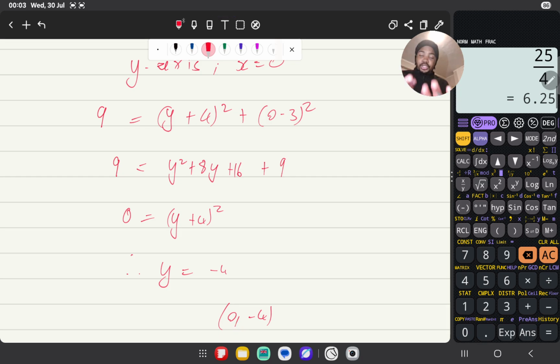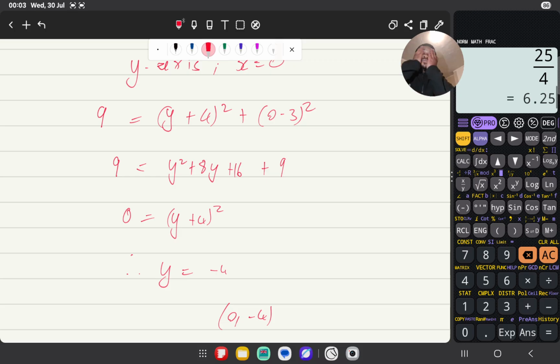If you did this workout and there was no solution for y, then you would say that no, it doesn't cut the y-axis, and the same is true for the x-axis.